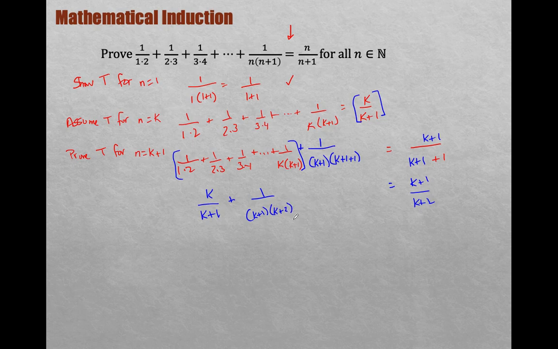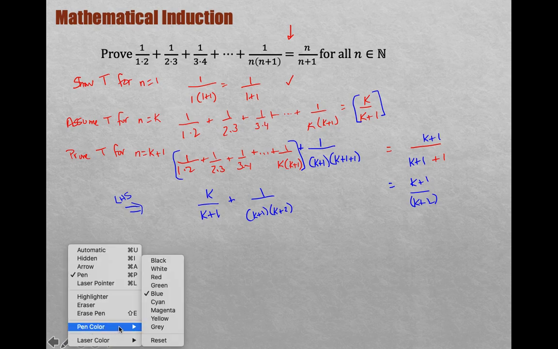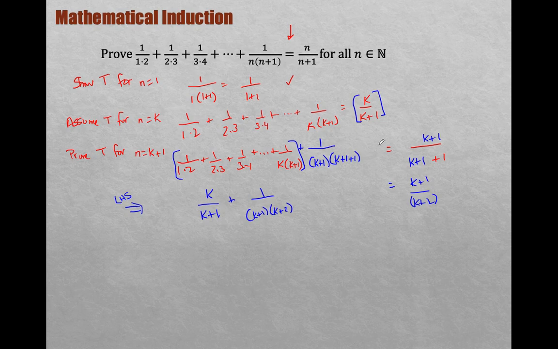Hey, I already see that what I'm trying to show, I've already got one factor in the denominator. Now look at these, so I'm going to work with the left-hand side. I have two fractions, and I only have one fraction in my final where I'm trying to go, so I think I need to put those fractions together, which means this fraction needs to be multiplied by a k plus 2, right?